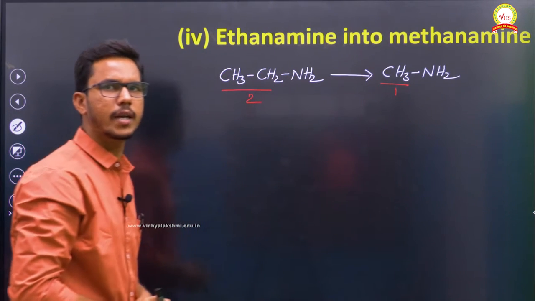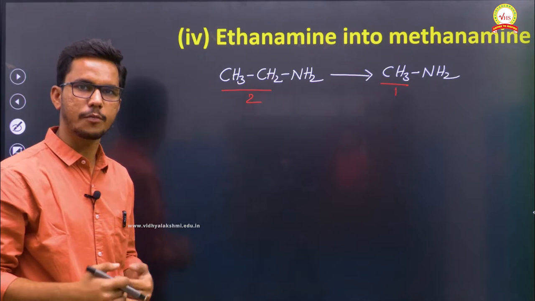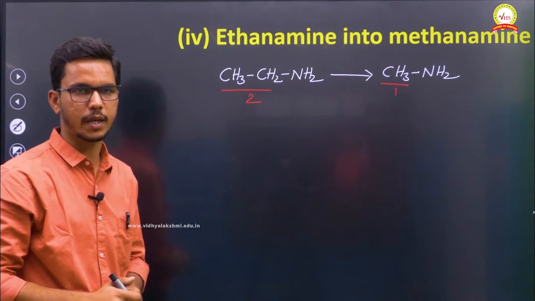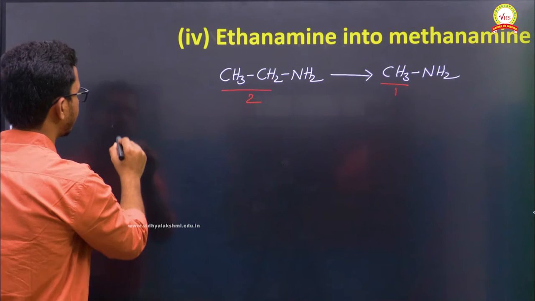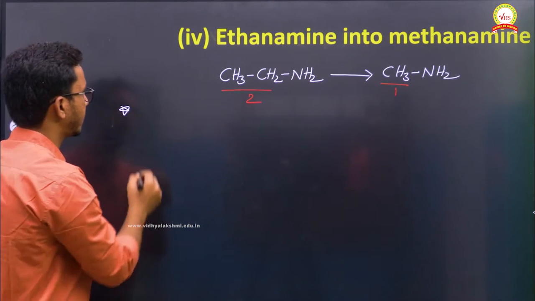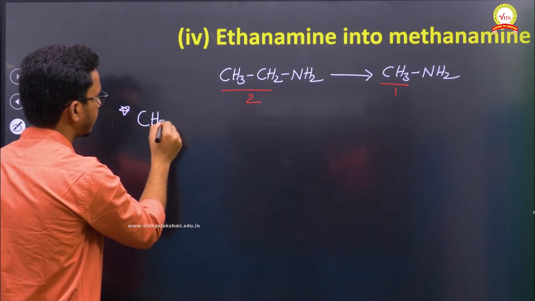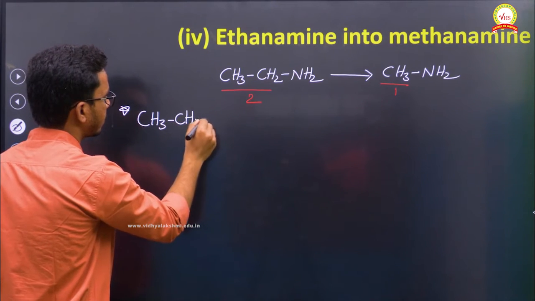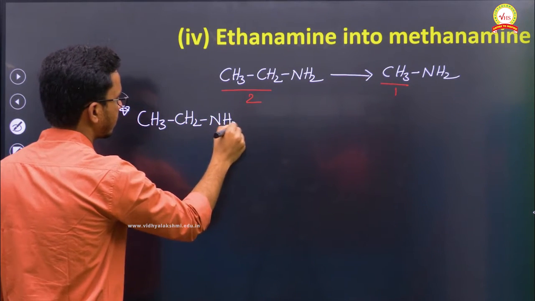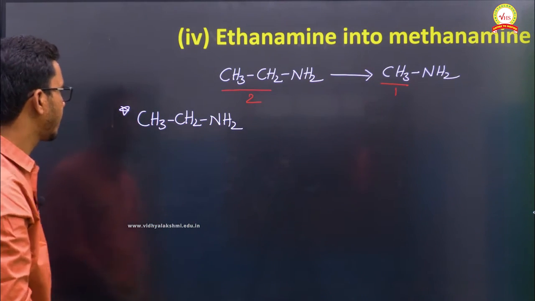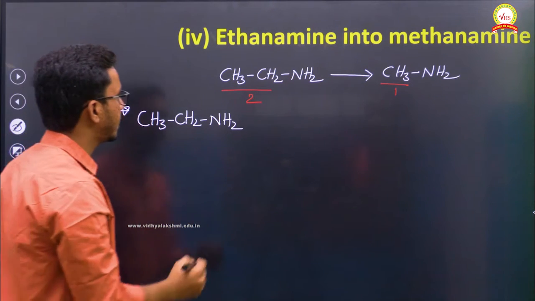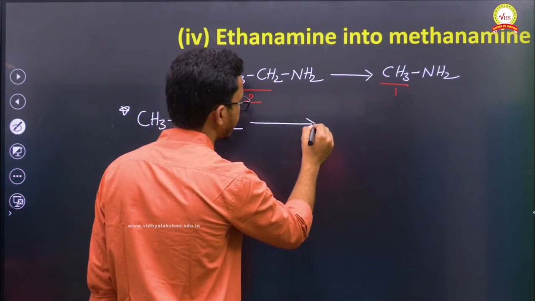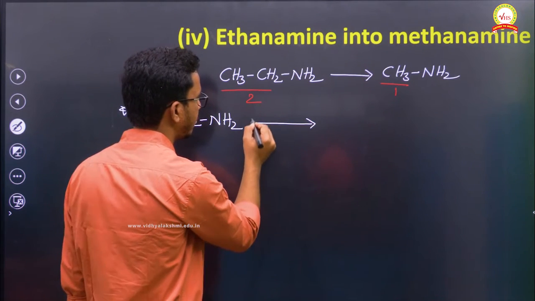Somewhere in the conversion, the Hofmann bromamide reaction is involved. What is that? Let us see. Take the reactant here, that is CH3CH2NH2. What we have taken here is the reactant, that is ethanamine. This ethanamine on reaction with NaNO2 plus HCl, remember this one.